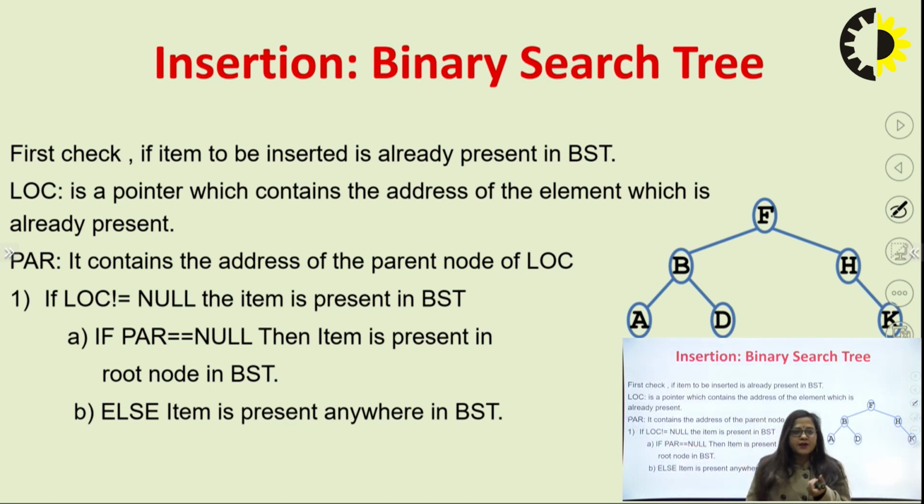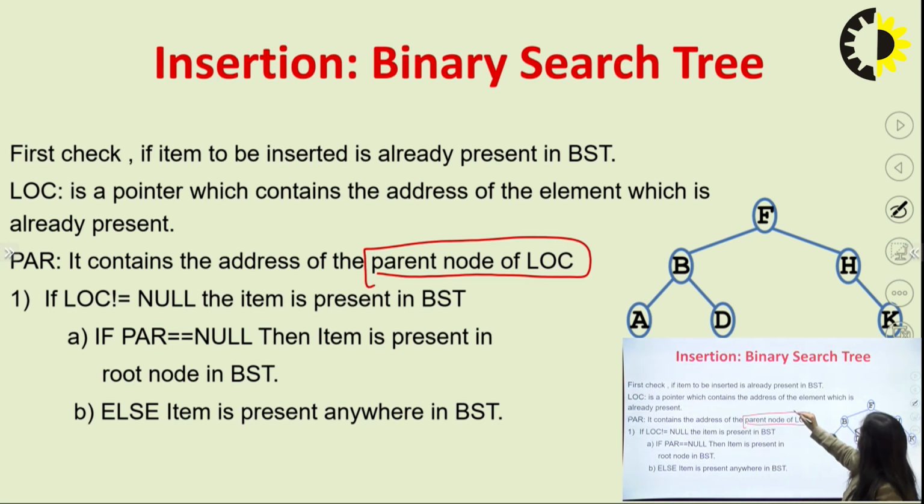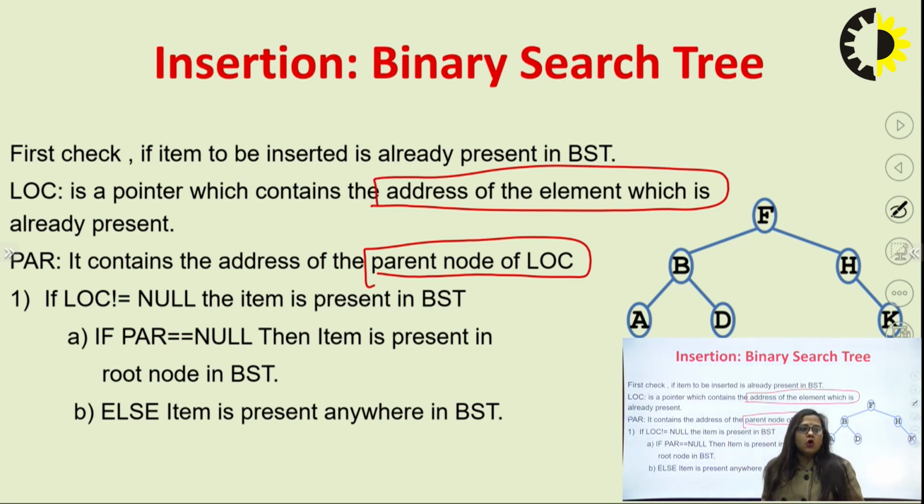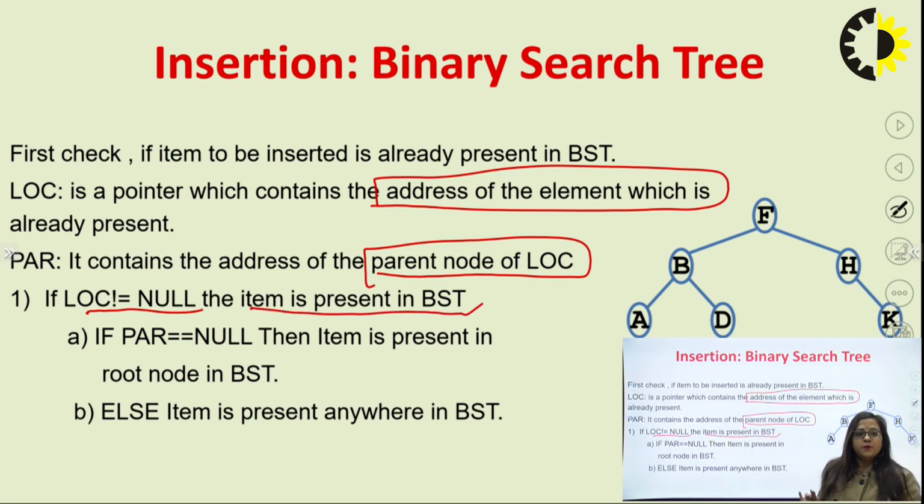Parent contains the address of the parent node of location. So first check if location equals null. If location does not equal null, that means the item is present in the BST. If parent node equals null, what is parent node? Let's suppose you want this.